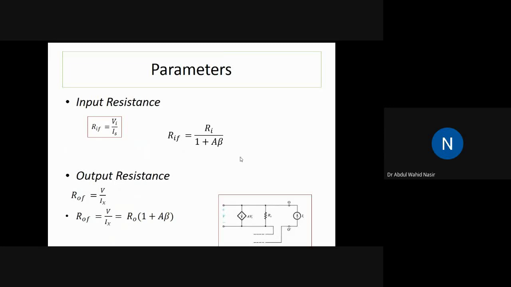Clear? Because in this amplifier it is ideal to have a low input resistance. At the output, ROF is equal to R naught into 1 plus A beta, so the output resistance should be high in this type of amplifier. The output resistance in the feedback case is increased by a factor of 1 plus A beta.